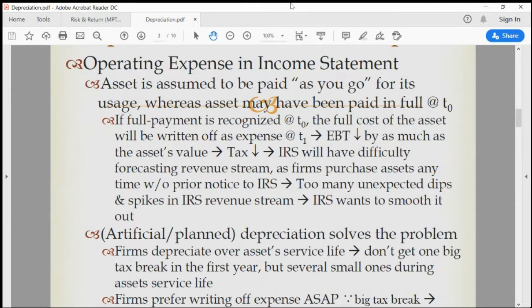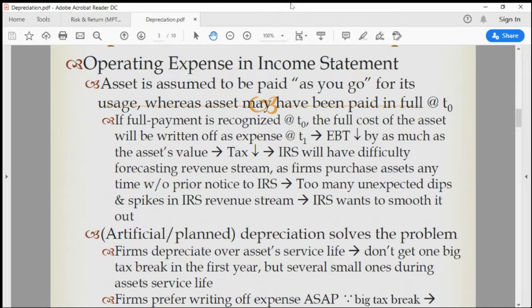From the 2020 tax revenue, they will have to plan ahead and budget 2021 government expenditure. So if the forecast is completely unreliable, and there are too many dips and spikes in the actual tax revenue, then there can be no budgeting.